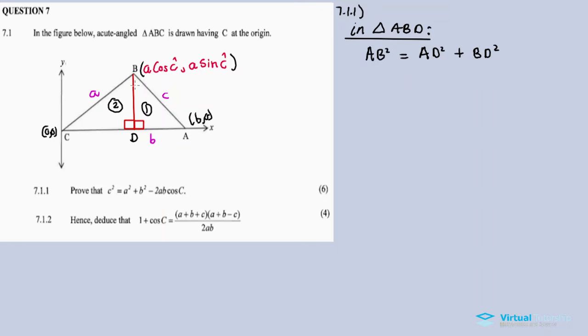AB squared is equal to AD squared plus BD squared. Pythagoras theorem, okay, right? Now here's the catch again.